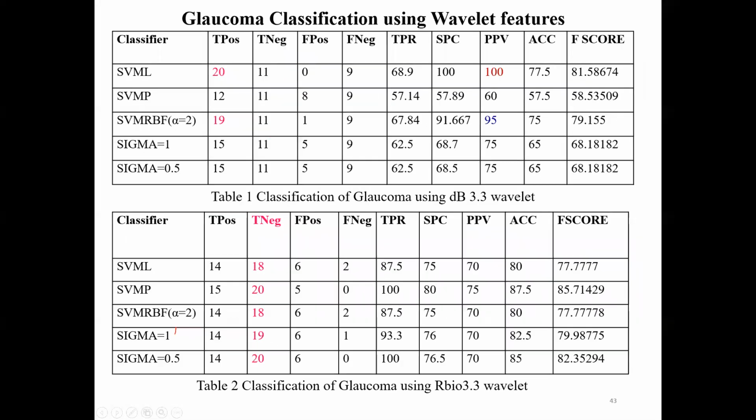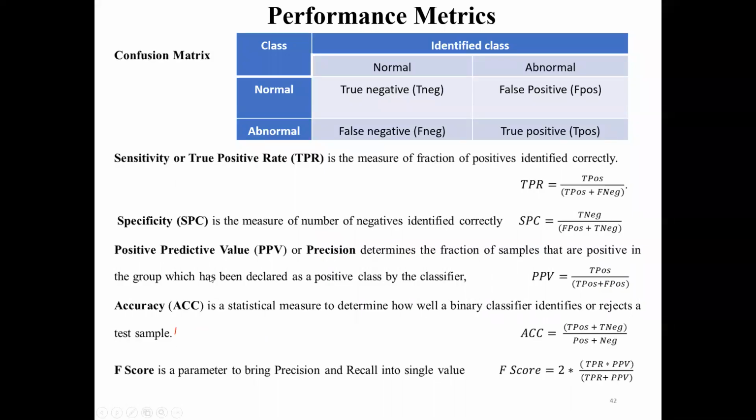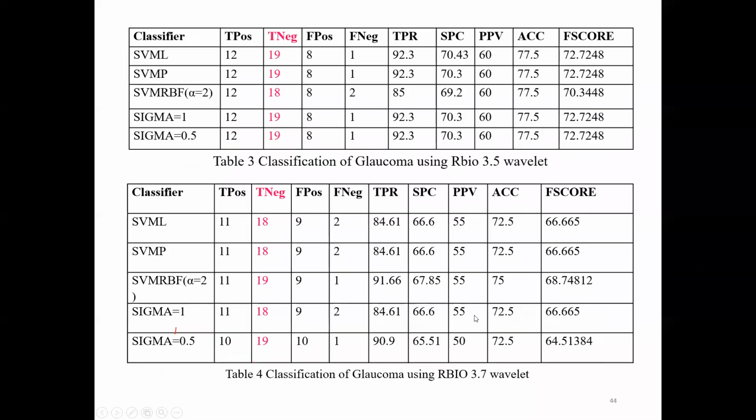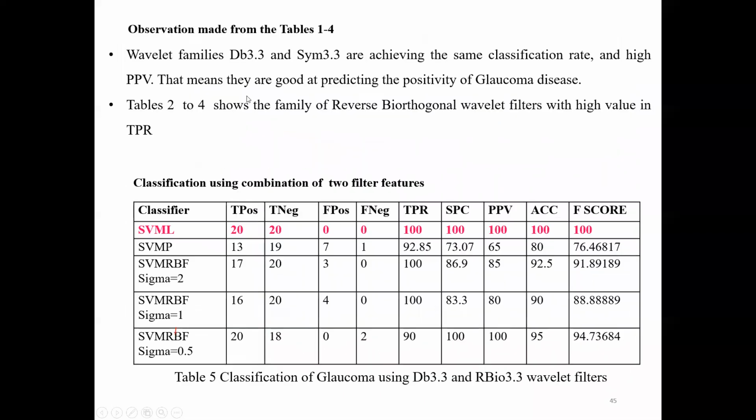As we already mentioned, PPV is nothing but positive predictive value. Observe that high PPV is being achieved. That means they are good at predicting the positivity of glaucoma disease.